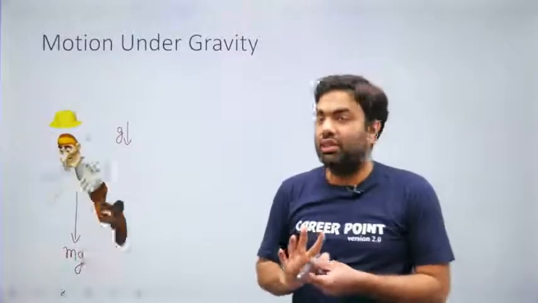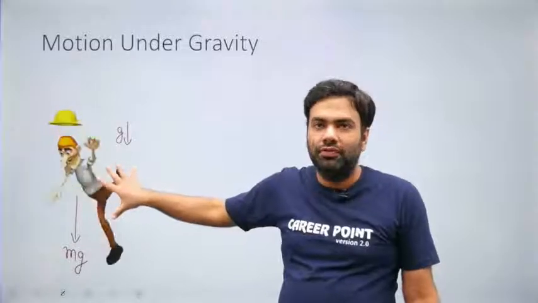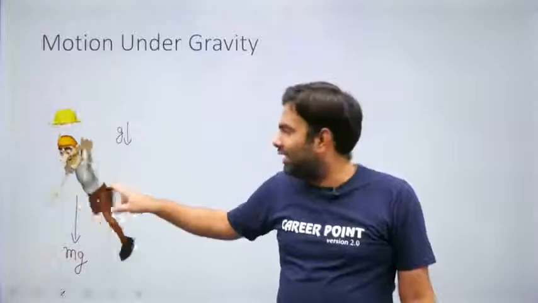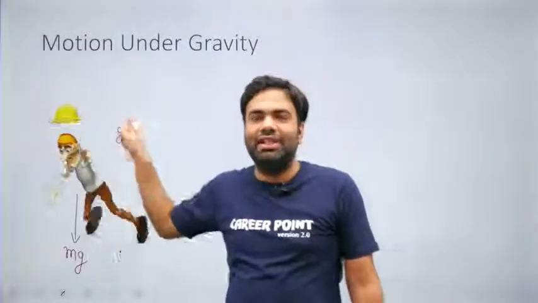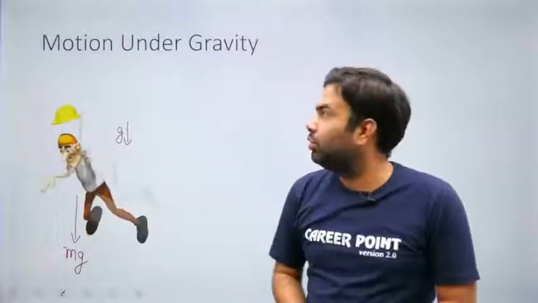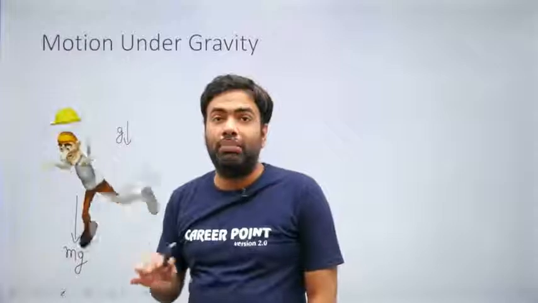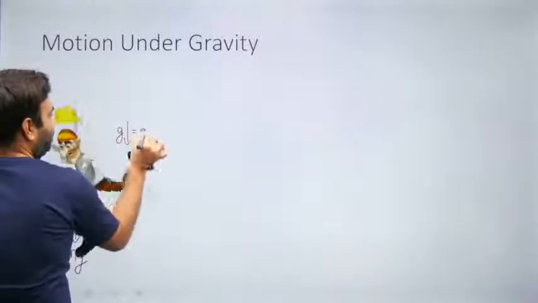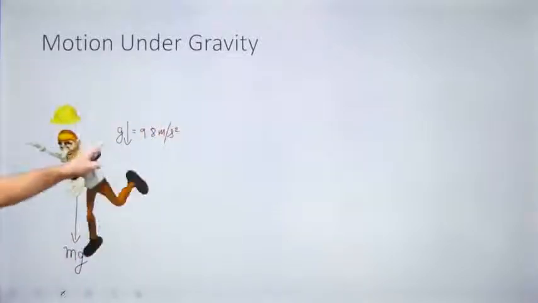Because only one force is acting on this man, we are neglecting air resistance, the acceleration will be force divided by mass, that is g, and g is known as acceleration due to gravity. So under motion under gravity, the acceleration of the particle is g, and its value is 9.8 meter per second square. This is the approximate value of g.